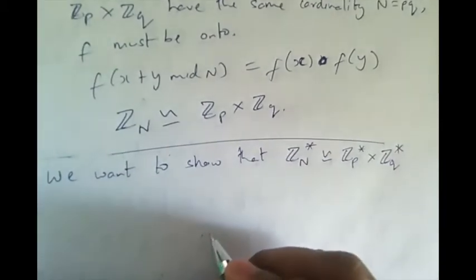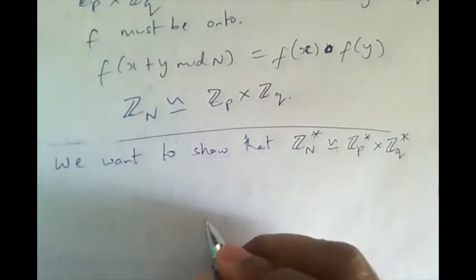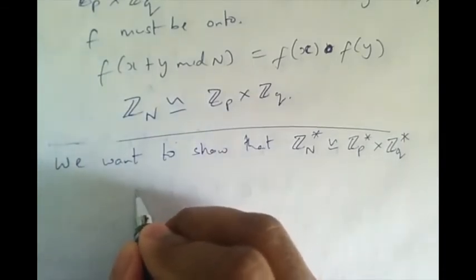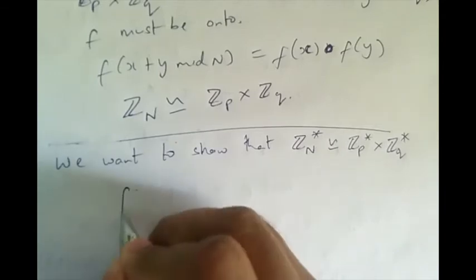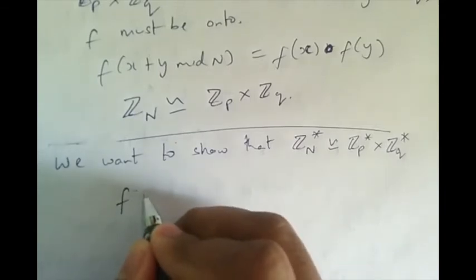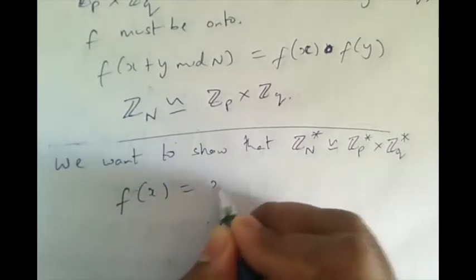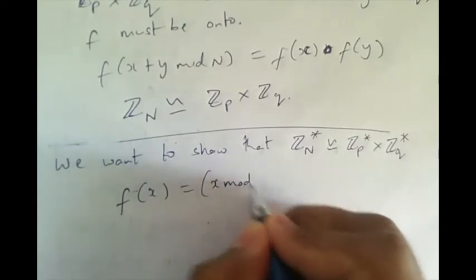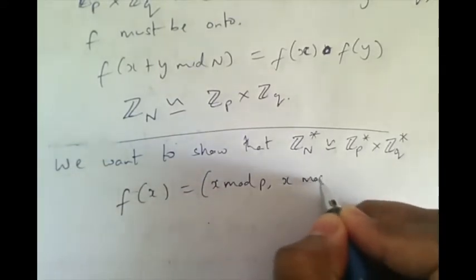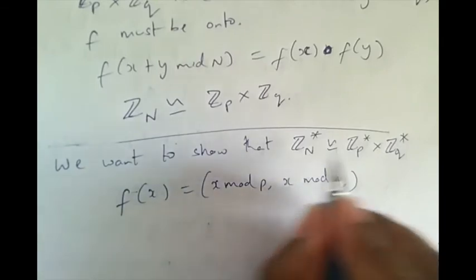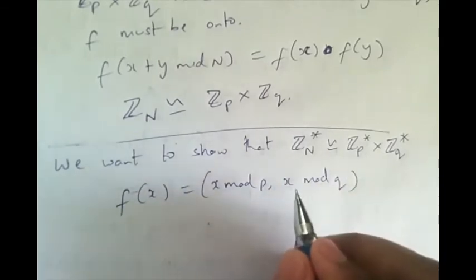And the way we want to show it is we want to argue that the same mapping f of x, which is x mod p, x mod q, is an isomorphism between these two groups.